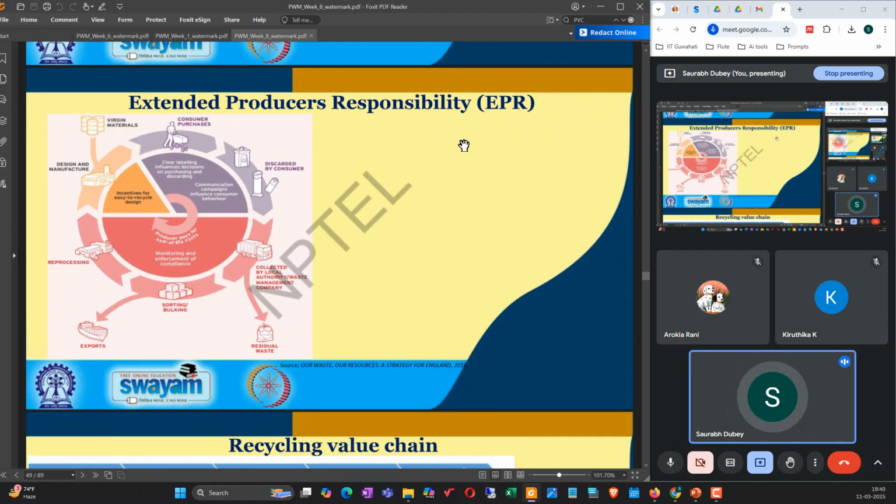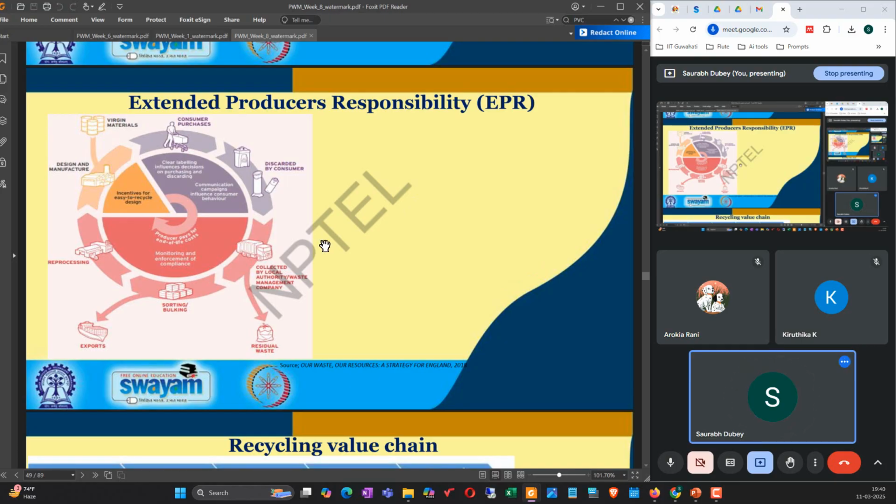The extended producer's responsibility has to be implemented more strictly than it is presently. So producers have to be made responsible, and they should run lots of awareness sessions.